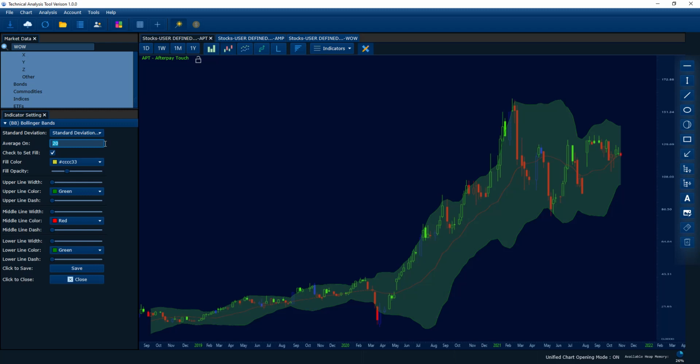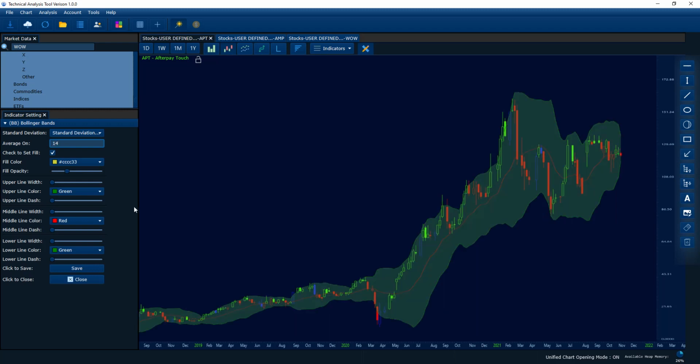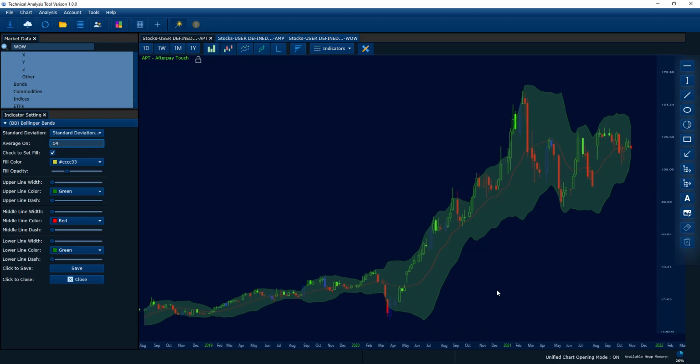The average number is less significant than the standard deviation type, because if you change it, it's basically just saying how many time units you want to use to calculate its mean, which is the middle price, the middle line here.